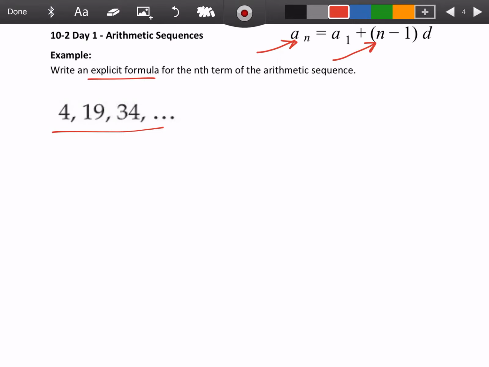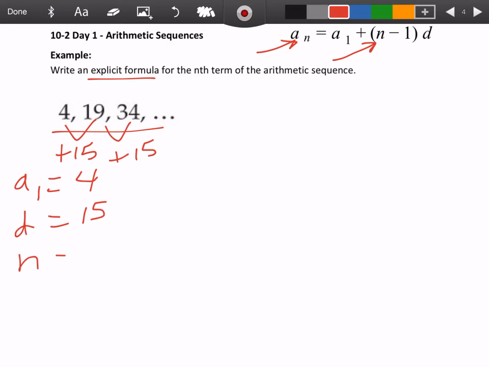But we do need the common difference and the first term to do this. So here we're going to be adding 15, and sure enough, adding 15 again. So a of 1 would be 4, and our common difference would be 15, and n we're going to leave as a variable, so we can use this to find whatever term that we want.